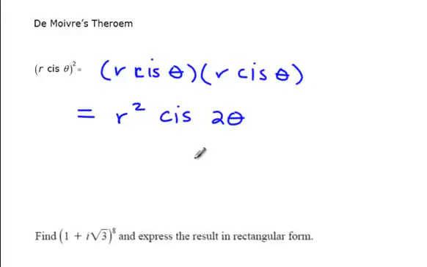So we'll start seeing a pattern. If this was a 3, let's say we're going to cube this. Well, this would be r times r times r, or r cubed. Theta plus theta plus theta would be 3 theta.